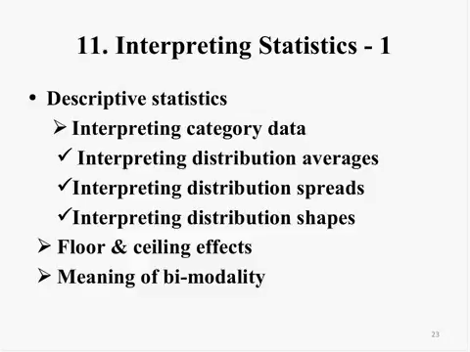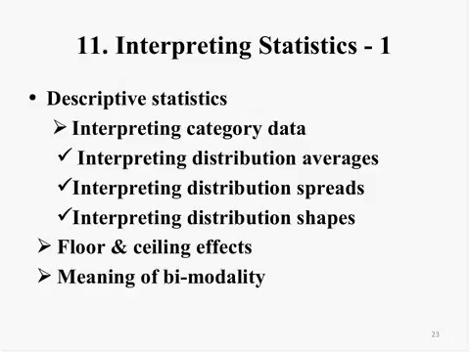We need to be concerned with interpreting distribution averages and distribution spreads and distribution shapes. Now, we've talked about that. We're talking about mean, median, and mode for the averages. For the spreads, we're talking about standard deviation, the range, minimum values. For distribution shapes, we're talking about kurtosis and skewness. Then we have floor and ceiling effects.